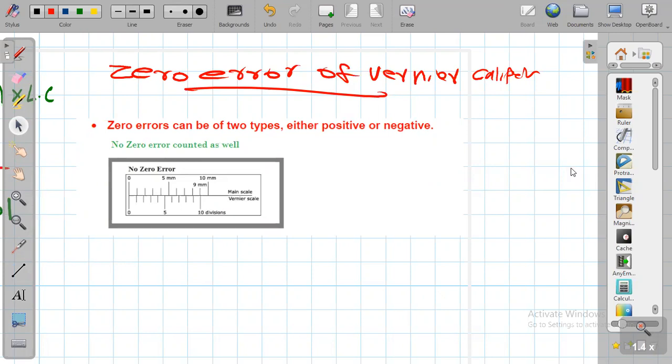In a vernier caliper, when the external jaws are firmly closed, firmly doesn't mean tightly; it means they are touching well. Firmly closed.